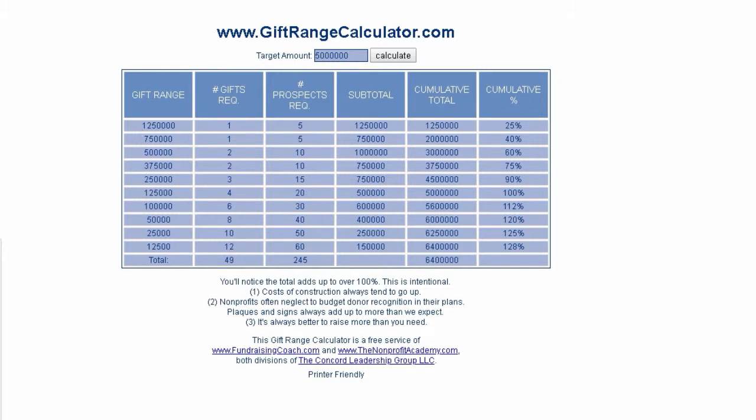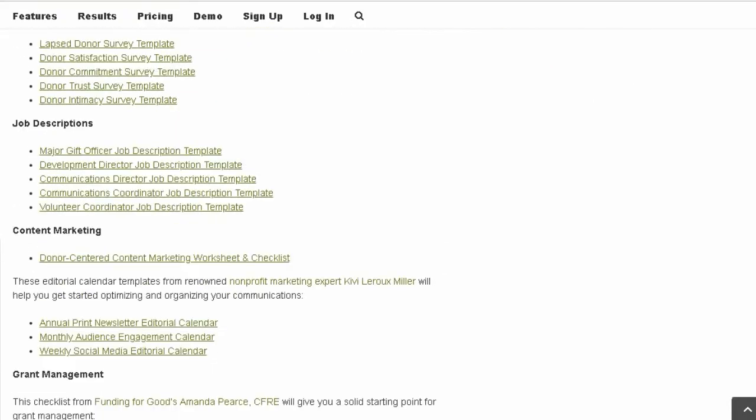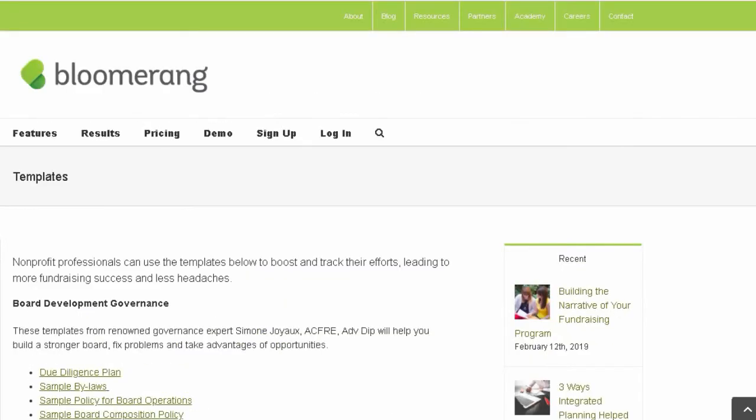Just a handy little tool there. The pledge card templates, etc. So just all kinds of things here that are available, not just to Bloomerang customers, but even people who are not yet Bloomerang customers. Some of the resources that we make available.